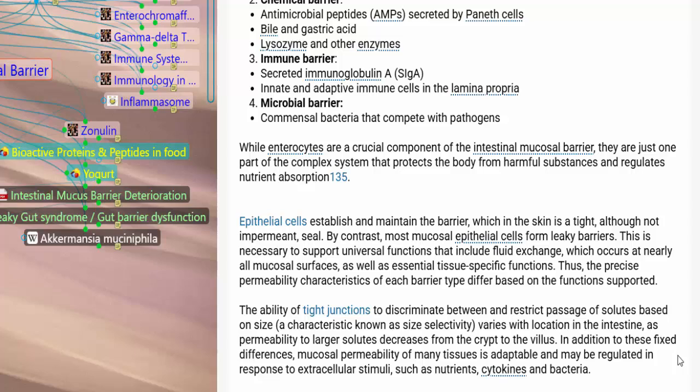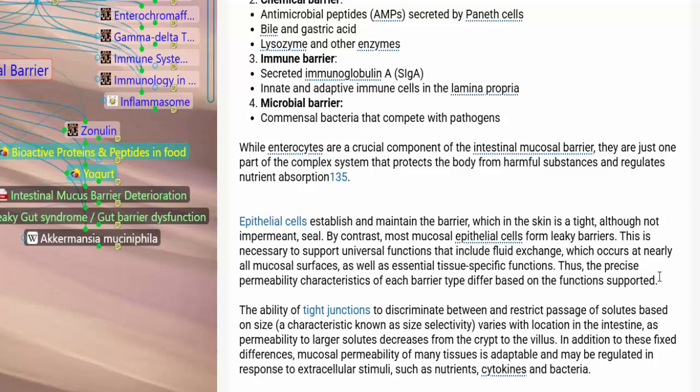So while enterocytes are a crucial component of the intestinal mucosal barrier, they're just one part of a complex system that protects the body from harmful substances and regulates nutrient absorption. We spent some time looking at a diagram of epithelial cells, specifically the enterocytes. Those epithelial cells establish and maintain the barrier.